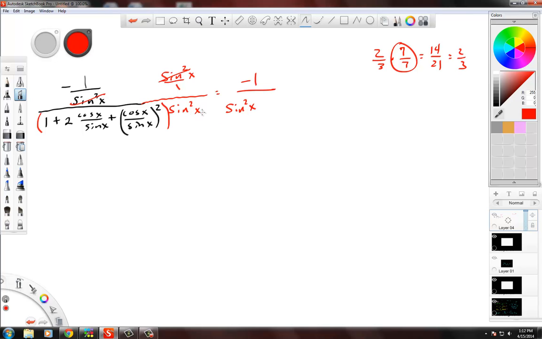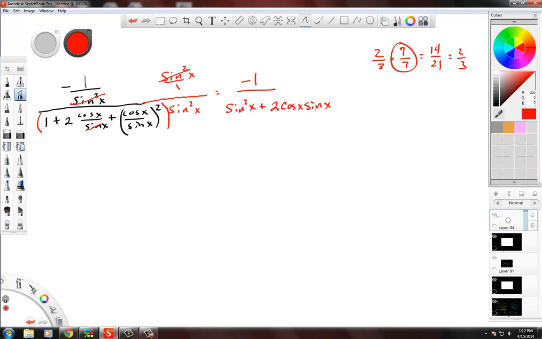The sine squared of x times this thing, you can see that this right here will cancel one of these. Remember, sine squared of x is sine squared, sine squared. So there's 2 of them. So one of these gets canceled. And what I have left is 2 cosine x sine x.